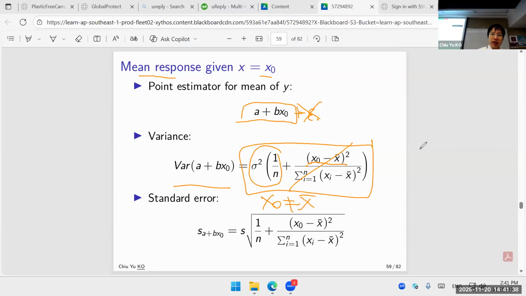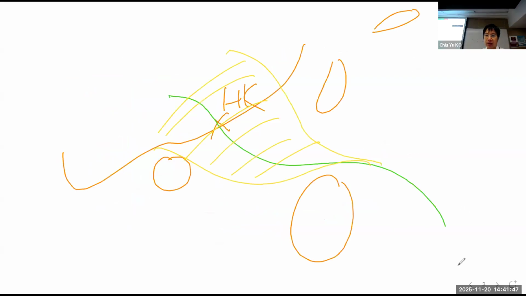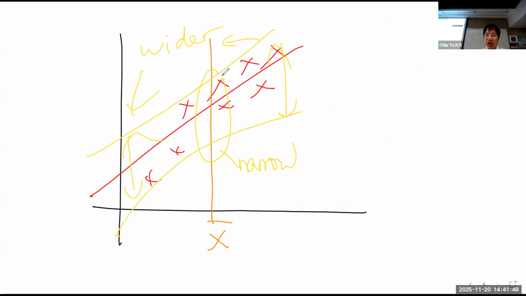That is exactly what I drew here. The variance is larger when you go away from x bar. When you are close, it's narrow. I don't think I drew it narrow enough.